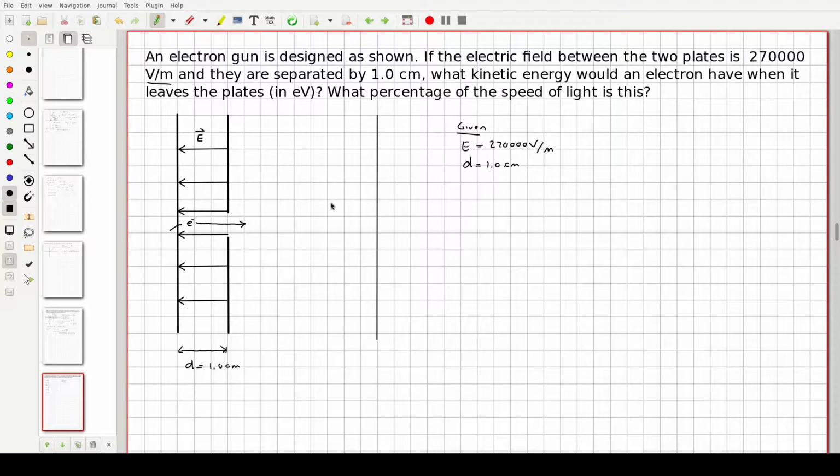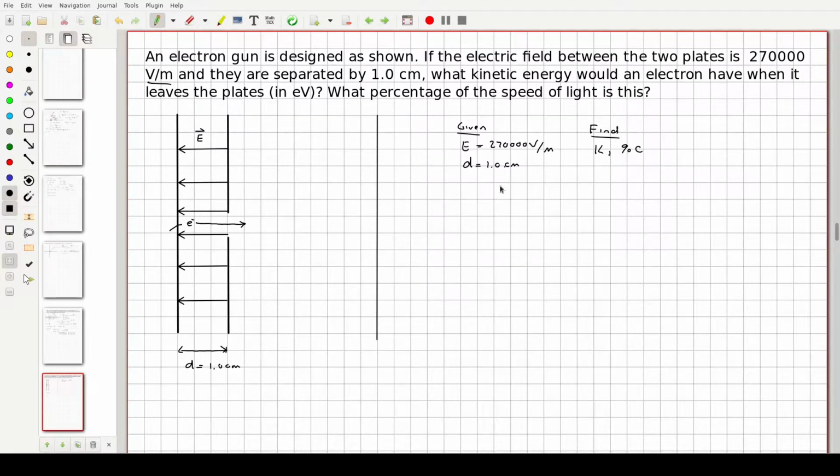I also want to know what percentage of the speed of light this thing is traveling at when it leaves. So we want to find the kinetic energy and also the percentage of the speed of light, which I'm going to write as percent c, because c is typically what we use to denote the speed of light.